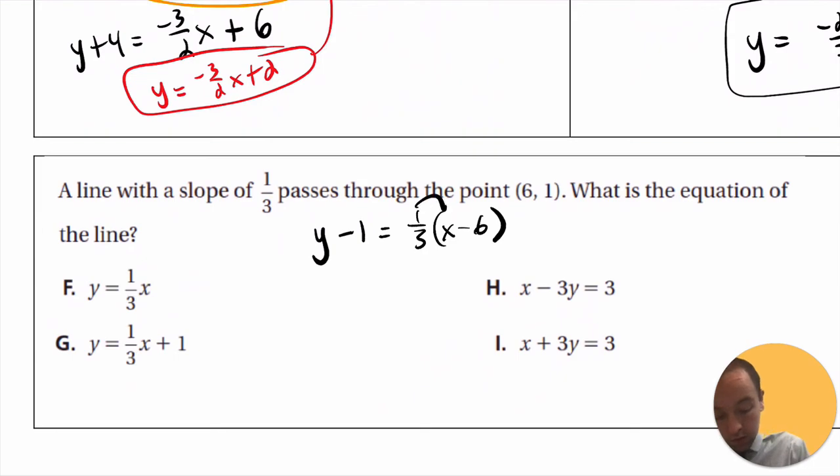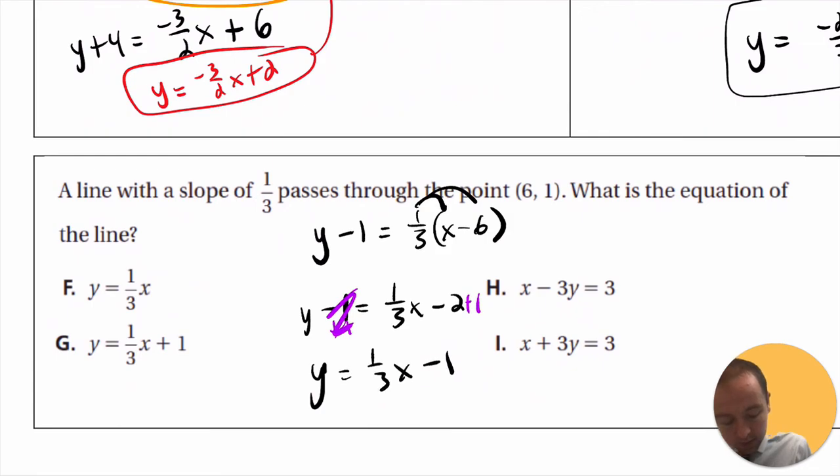So if you distribute, you get 1/3 x, and 1/3 of -6 is -2, and then you can get the y alone if you add 1, and when you add 1 to -2, you actually get -1. So the equation is y equals 1/3 x minus 1.